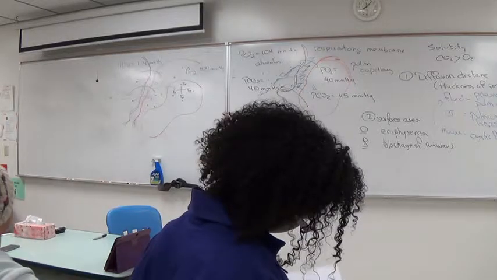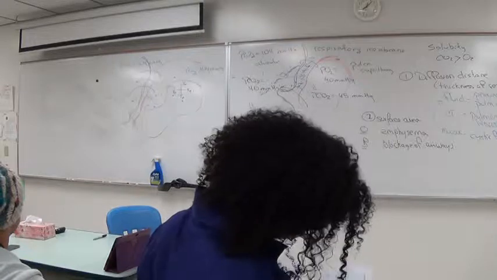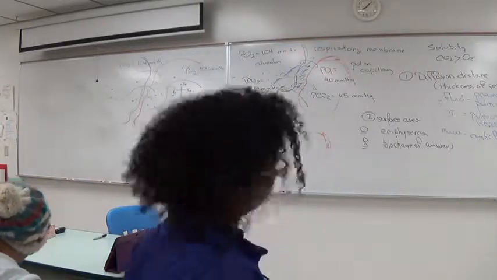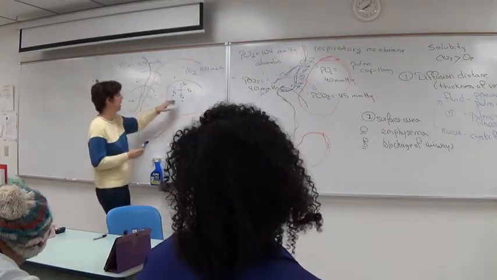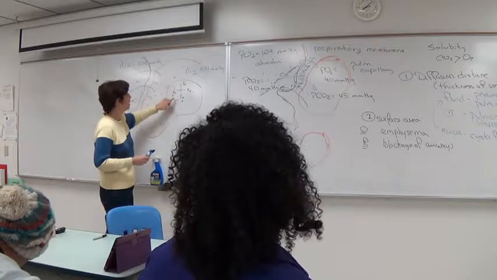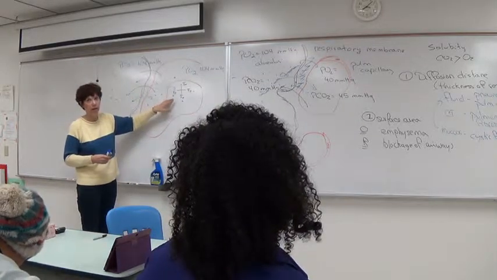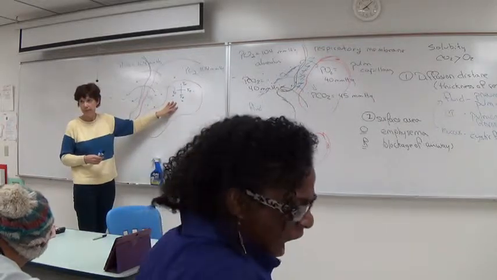So it gets easier and easier to bind, and when it comes off, the reverse occurs as we drop our oxygen components. So when we saturate this, we're talking about all iron atoms having oxygen bound to them.